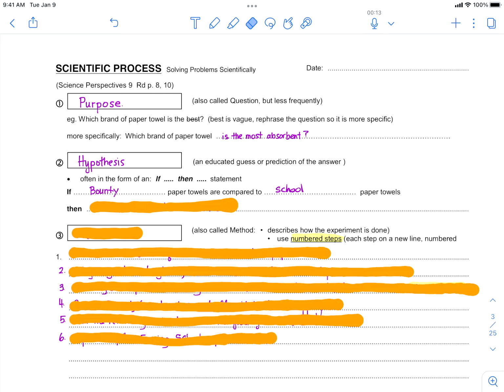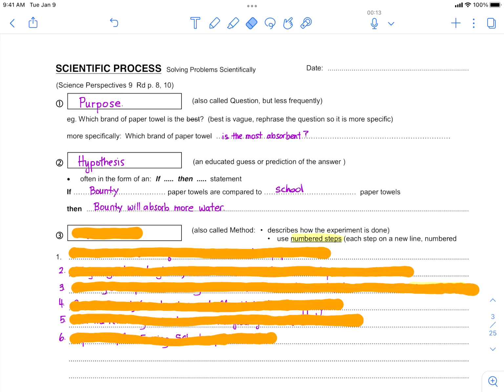Well, if we believe the commercials, then Bounty will absorb more water because it will be the more absorbent. Okay, this doesn't have to just be with Bounty and school paper towels. It could be two different brands. You could say Bounty and No Name, or Bounty and Scott paper towels, or whatever you have on hand.